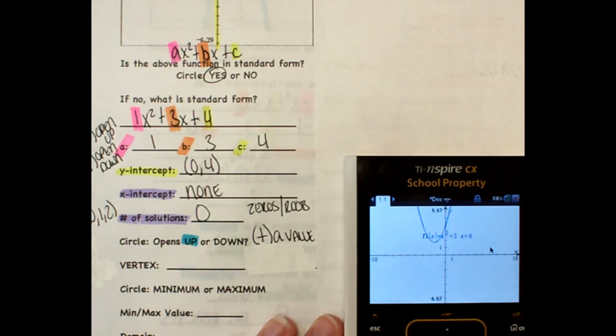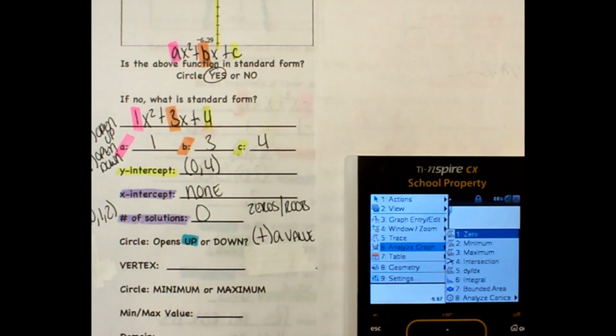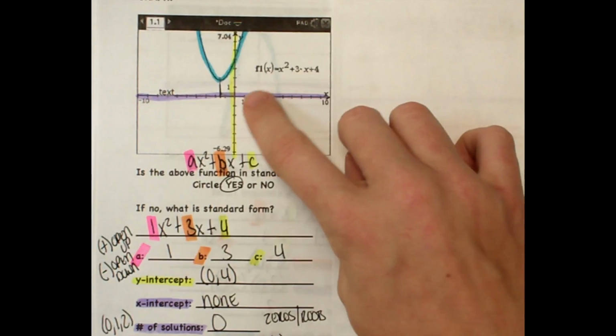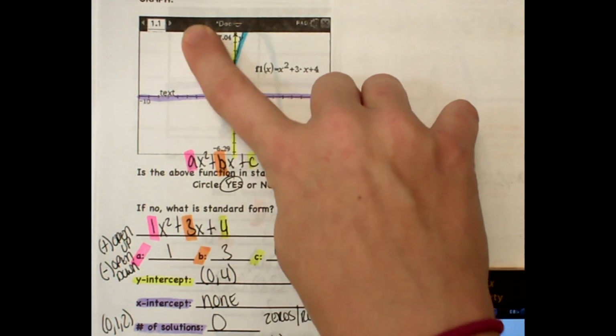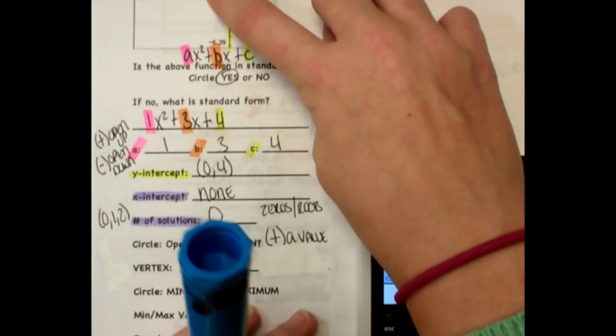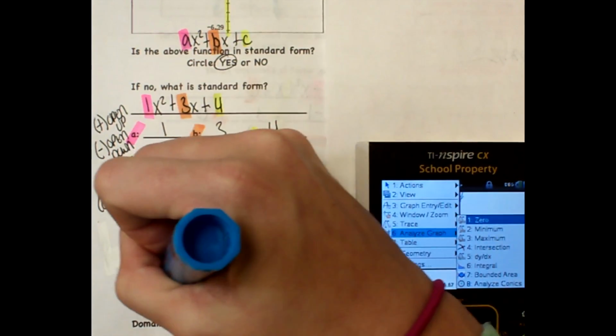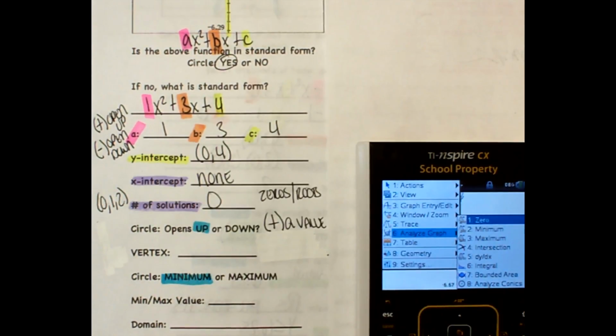You get the whole picture so we don't have to zoom in or zoom out, and do menu, analyze. And in this case, looking at our picture, did we have a minimum or do we have a maximum? Well, looking at our picture, we have a low point. Our U opens up, so we have a low point, so that means we have a minimum. So when we go in to find our vertex, we select minimum.